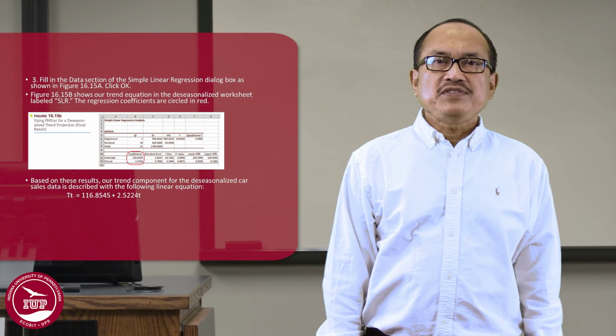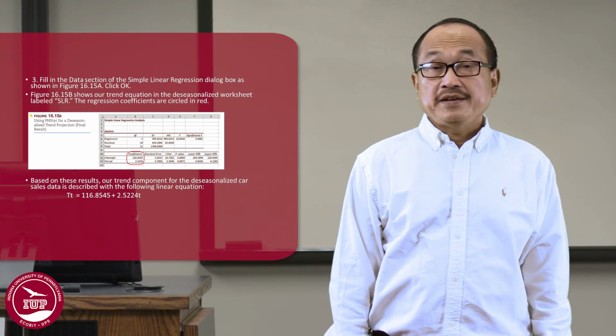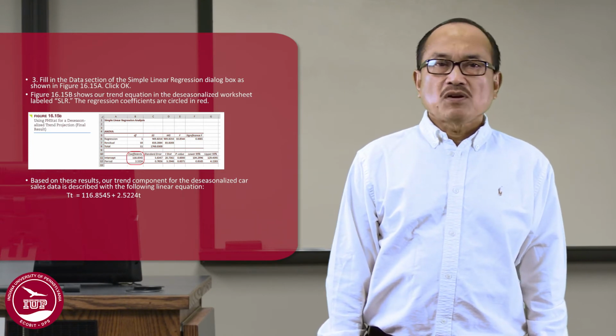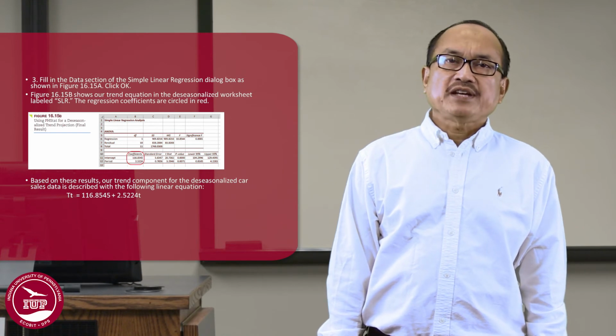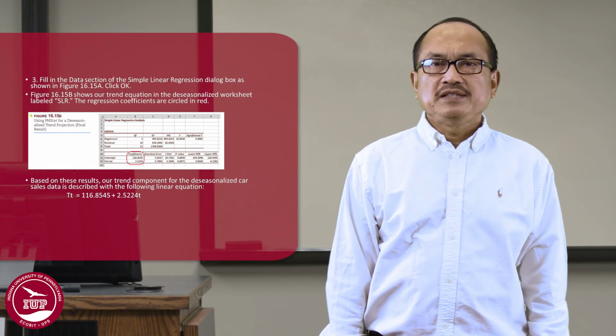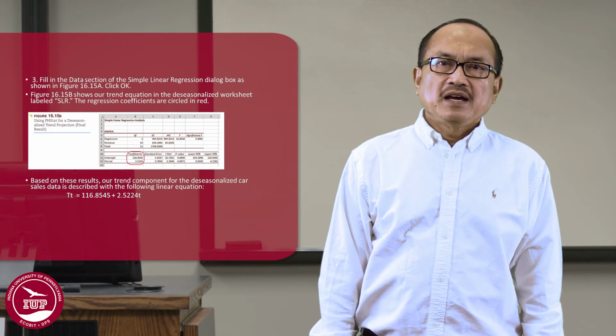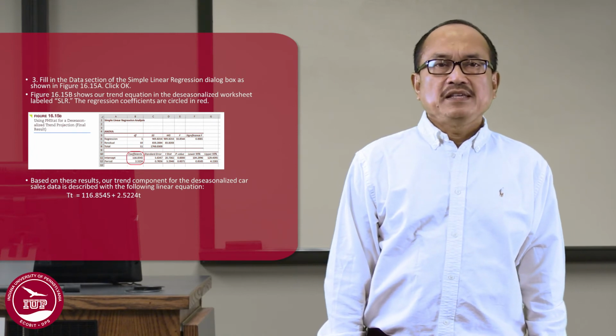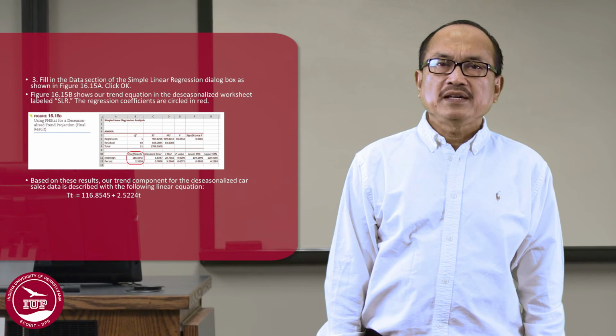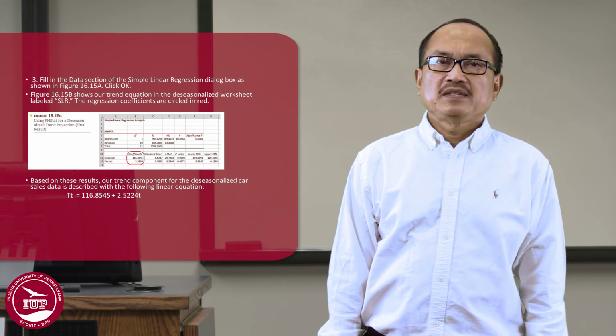The regression coefficients are circled in red. Based on this result, our trend component for the deseasonalized car sales data is described with the following linear equation.